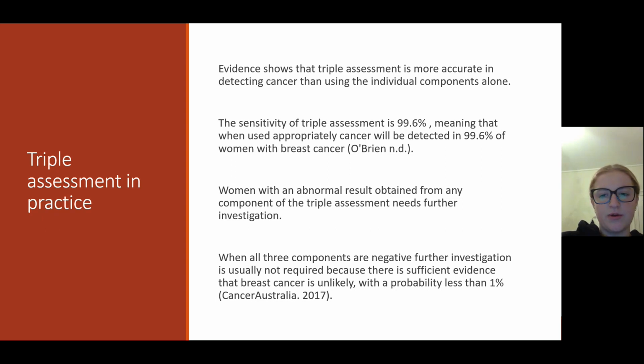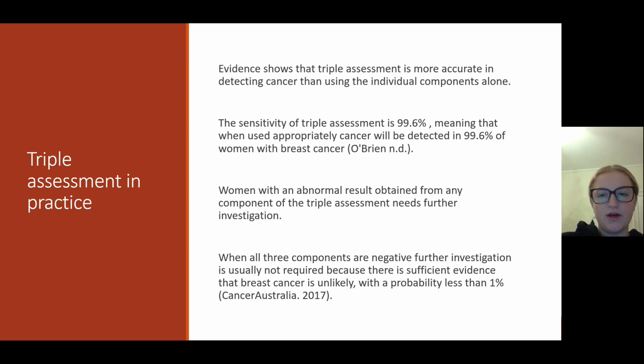The NHS breast screening programme invites all women from the ages of 50 to 70 for breast screening every 3 years. There is current evidence that suggests that breast screening reduces the number of deaths from breast cancer by about 1,300 a year in the UK.